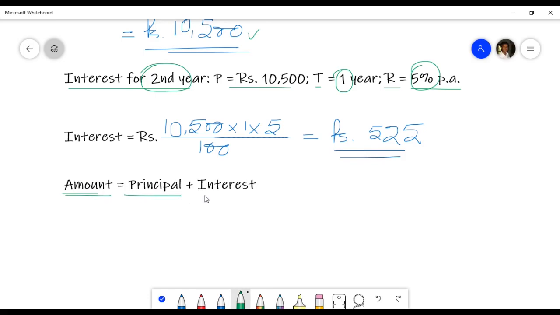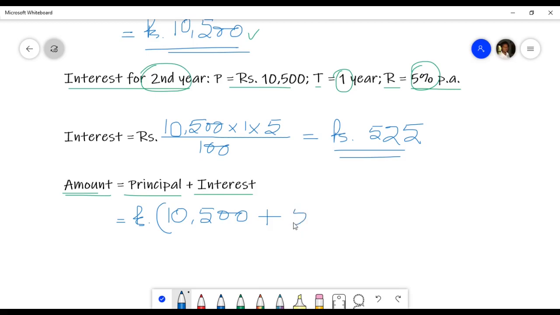Now we have to find the amount at the end of the second year. How do we find? Principal plus interest. The principal amount of the second year is rupees 10,500. We will add these two, principal plus interest. Principal is 10,500 rupees plus the interest that we just found.